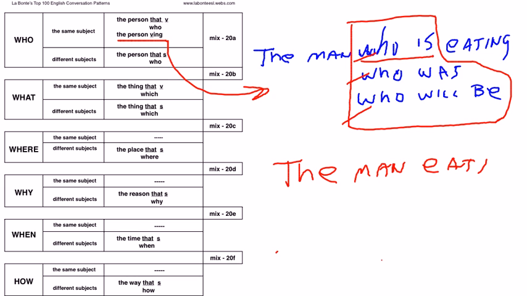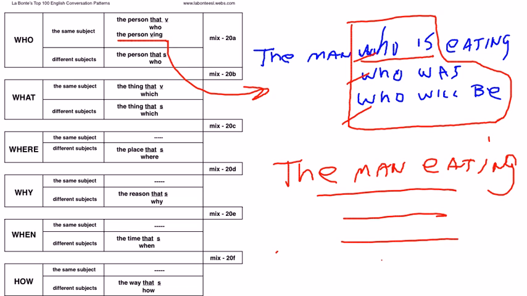And in fact, this can be used in the present, the past, and the future, because this particular section has been dropped. You can use it, or simply you can condense it as you see here. The man eating was there, the man eating is there, the man eating will be there. So the present, past, and future condenses into this shorter form, if the subjects are the same.